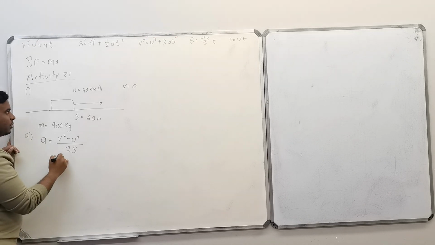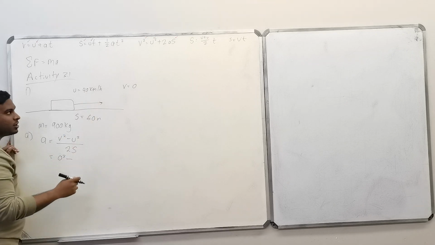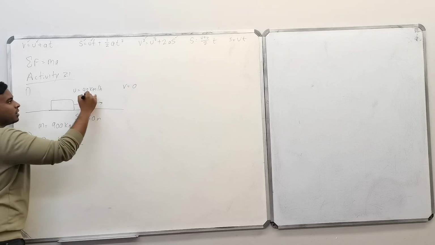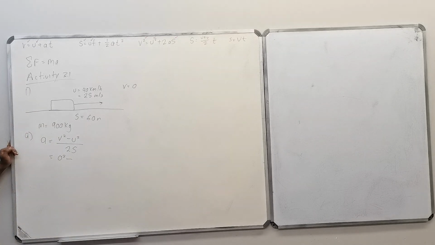So, this will be equal to 0 squared minus, what we need to do to this? Convert it to meters per second. If you convert it, it comes to 25 meters per second. Remember, you just multiply by 1000 divided by 3600.